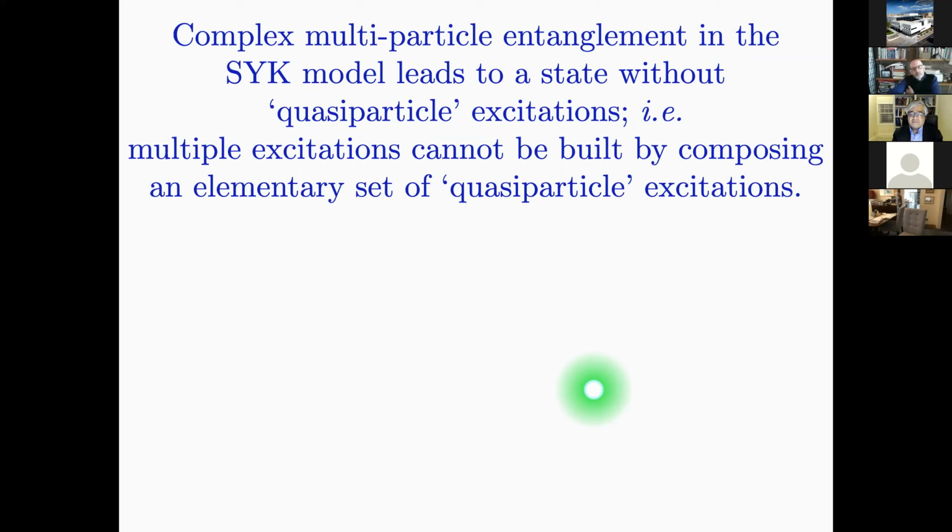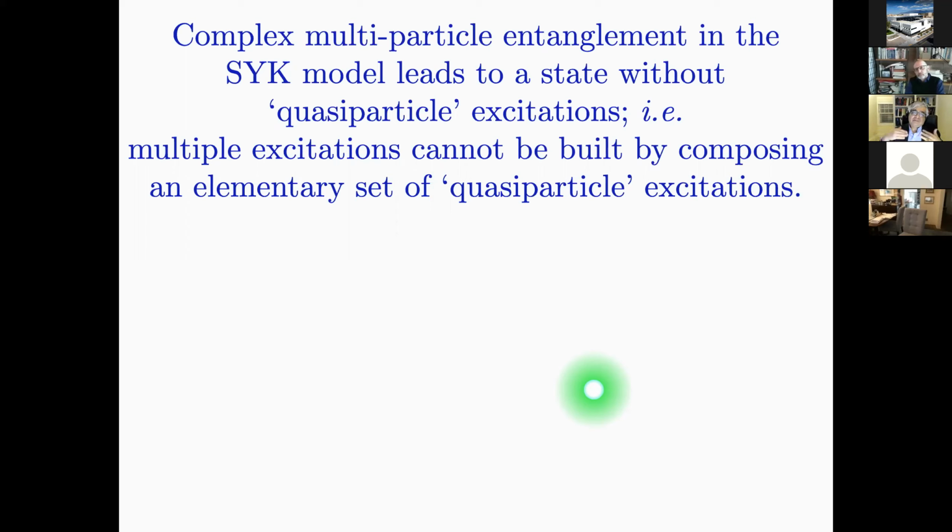That is, we can imagine we have some excitation of my many-body system, of my metal, which I call a quasi-particle, which is like an electron, but with a screening cloud around it. And then I have another quasi-particle. And I can build up the many-particle excitation by just adding and composing these quasi-particles.